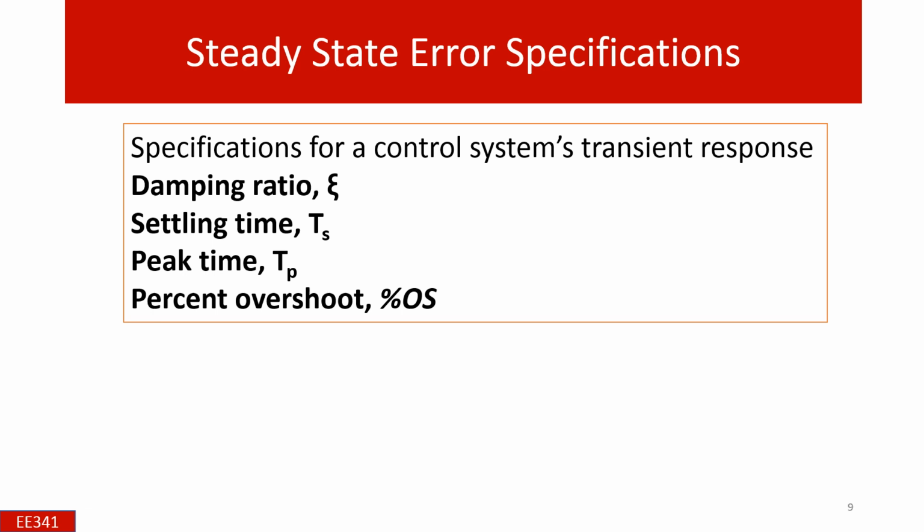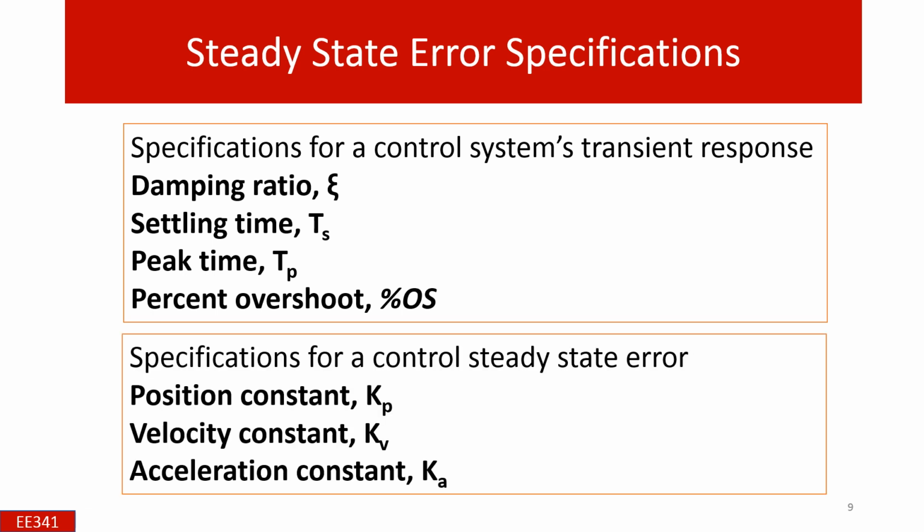And if we consider the steady state error, then there are some specific parameters which are the static constants: the position constant, the velocity constant and the acceleration constant. These definitions are derived in detail in the last two lectures.